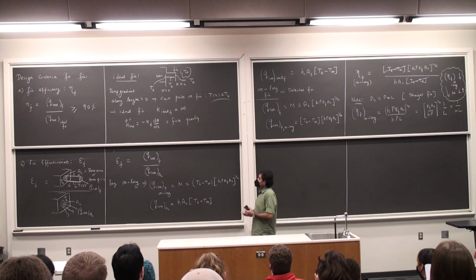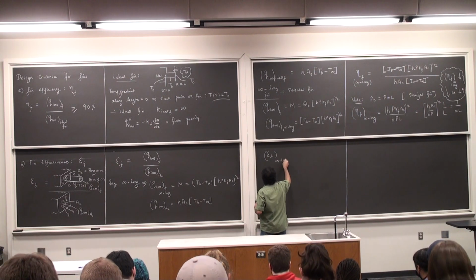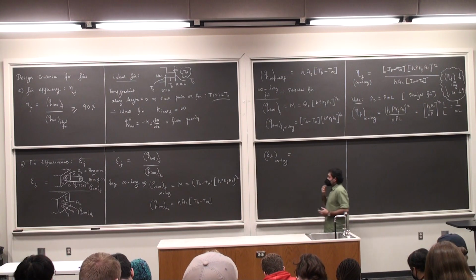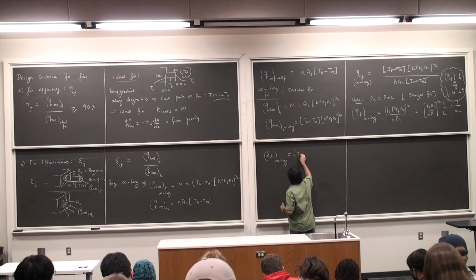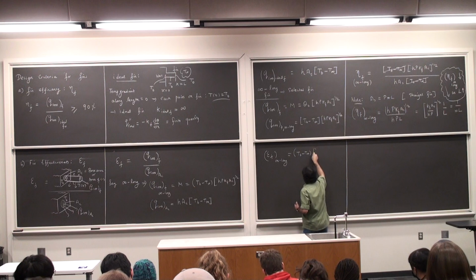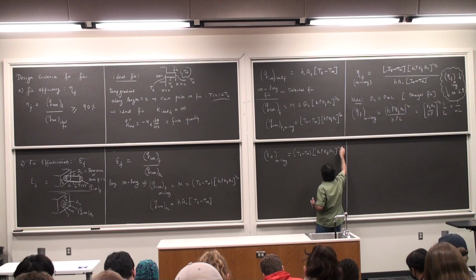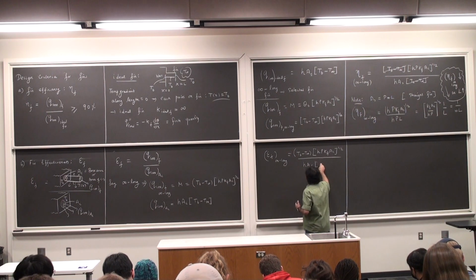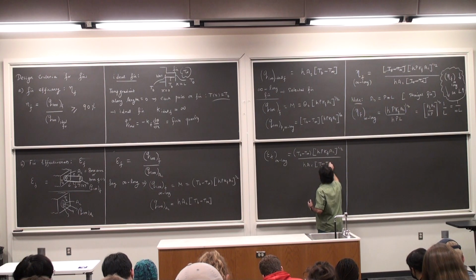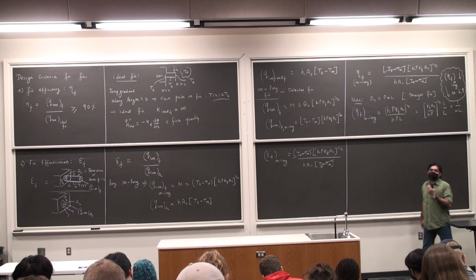So if I take the ratio of these two, epsilon f for an infinitely long fin is going to be Tb minus T infinity, H, P, KF, AC over H AC, and those two terms cancel.